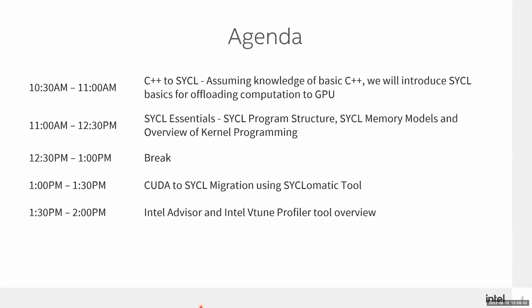You can access multiple devices just using device selectors. You create a queue using a GPU selector, and you can specify that to only pick, let's say, an Intel GPU, and create another queue to pick only an NVIDIA GPU, and you can submit different tasks to different GPUs if you have multiple GPUs on the same system.